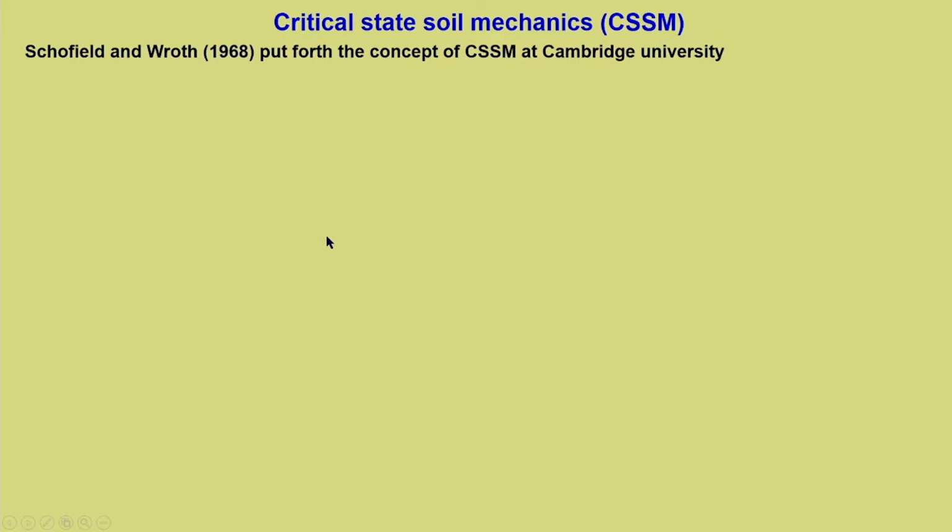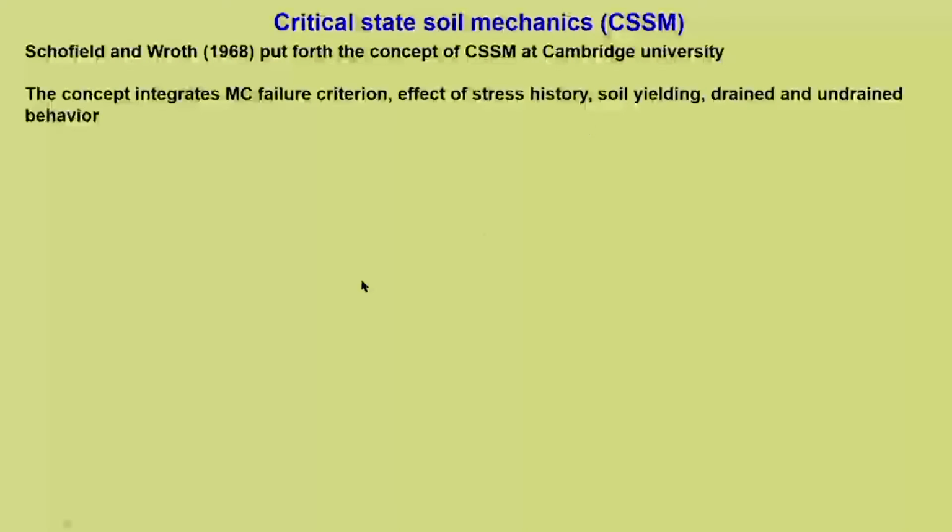Please remember, this is a concept put forth by Schofield and Roth in 1968 at Cambridge University. It is about critical state soil mechanics, short form CSSM. Now, why was this concept evolved?